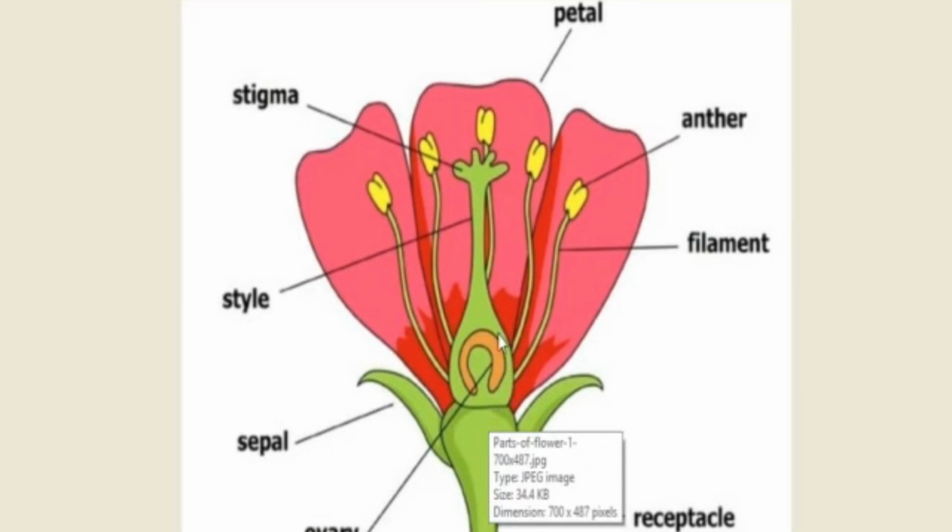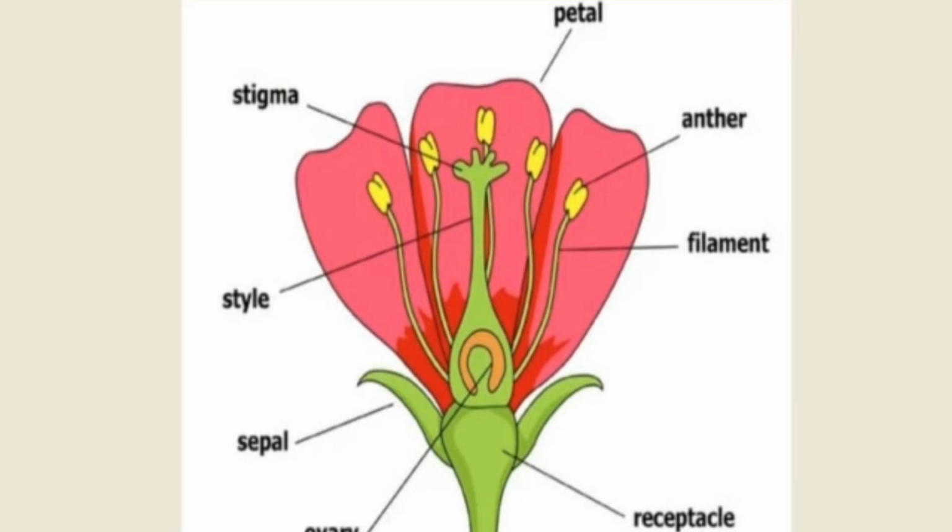The second part is the style, an elongated tube connecting the upper part of the ovary to the stigma. And the third part is the stigma. It is the receptive surface for pollen grains during pollination.